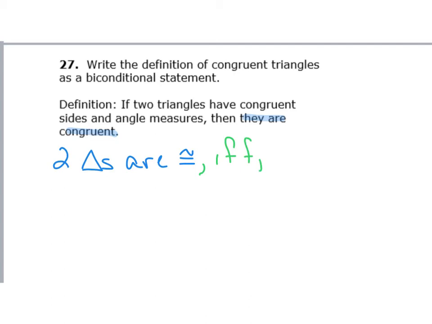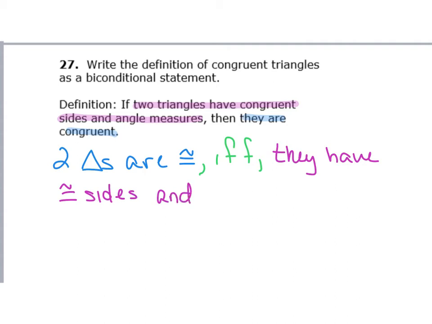And then our hypothesis: two triangles have congruent sides and angle measures. So two triangles are congruent if and only if they have congruent sides and angle measures. Okay?